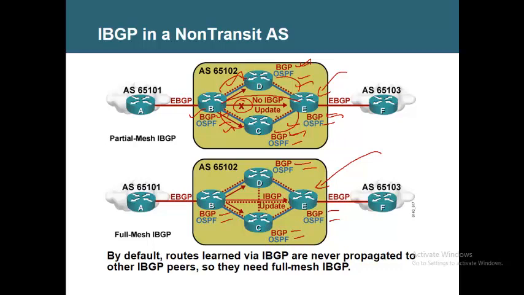So we did not form peering with E. BGP is running on all routers, but peering is not done with all routers. Peering is done only to those routers which are immediately adjacent, physically connected. We don't accept it as a full mesh. Even though you are running BGP on all routers, you don't accept it as a full mesh. It is only a partial mesh.